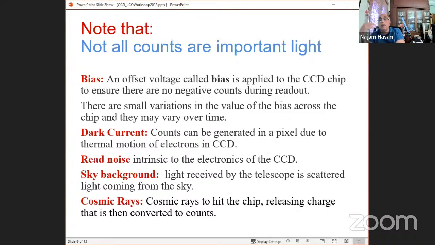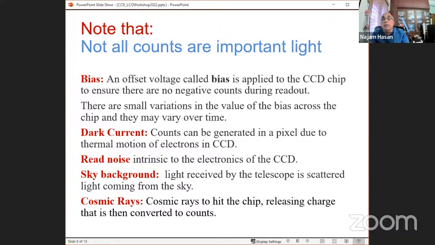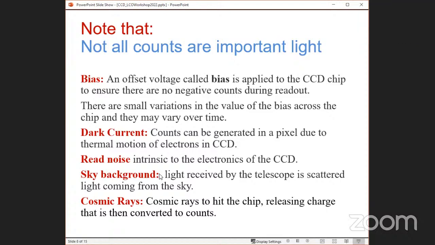The sky itself has a certain brightness, and even that gets recorded in the frame, so you have to subtract this sky background as well. And then you have cosmic rays which hit the chip, releasing charge, and that gets converted to counts and gets recorded in the image.